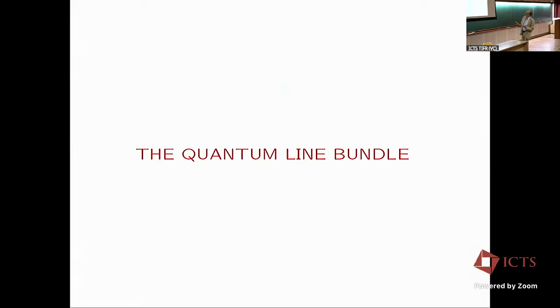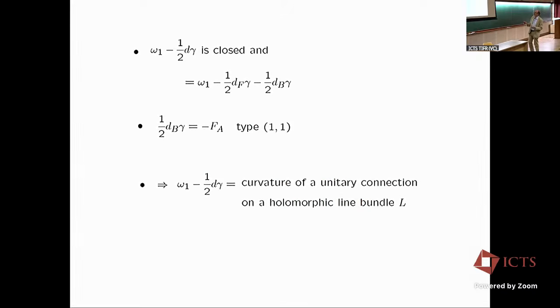So I wanted to reorient my understanding of this in a different way. Suppose I look at omega 1 minus a half d gamma. You can build that up out of two things. In terms of the product connection, that's omega 1 minus a half d_F gamma minus a half d_B gamma.